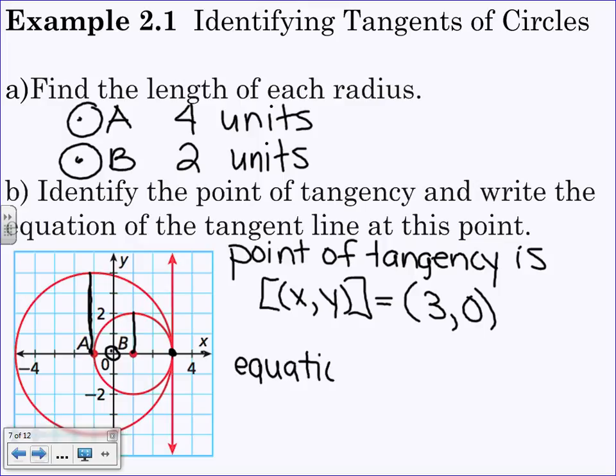Next thing it asks us for is the equation of the line. And there are two important things to remember when we're doing the equations of lines. You guys are used to finding the slope, then finding a point, plugging the point back in, and finding the equation.